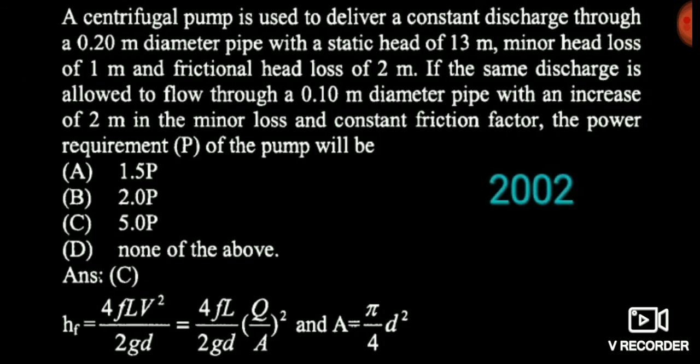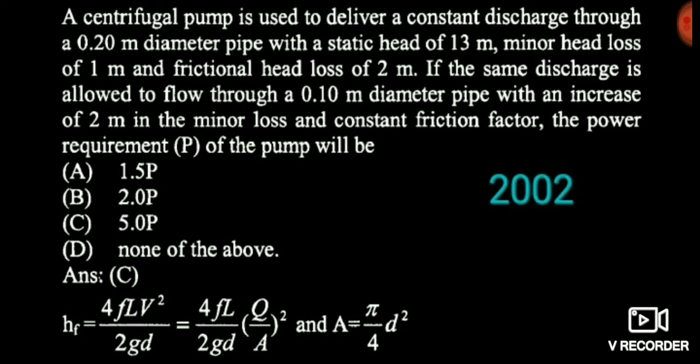And friends, very important thing, question arises in our mind, that why we have to convert it into Q by A form. Why not we are simply writing it by V square form? Because here you can read the question, the same discharge, means the question has said that the discharge is same, not the velocity is same.